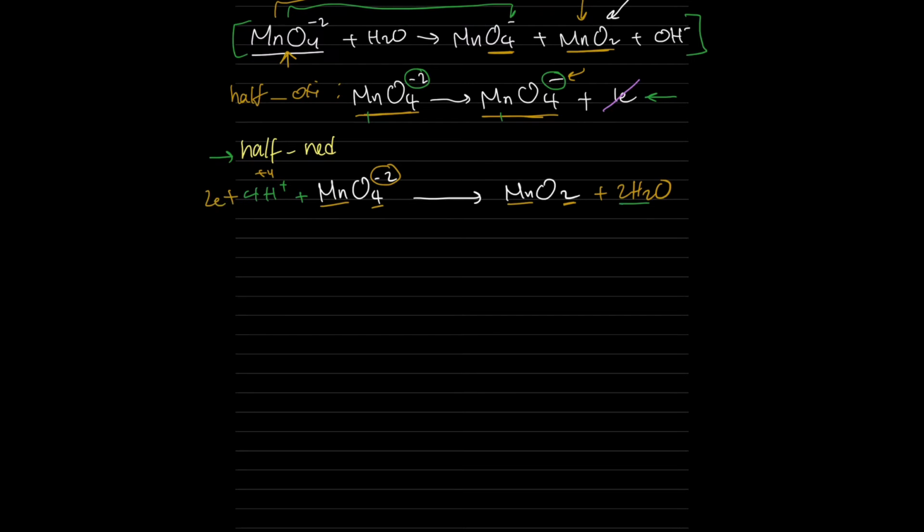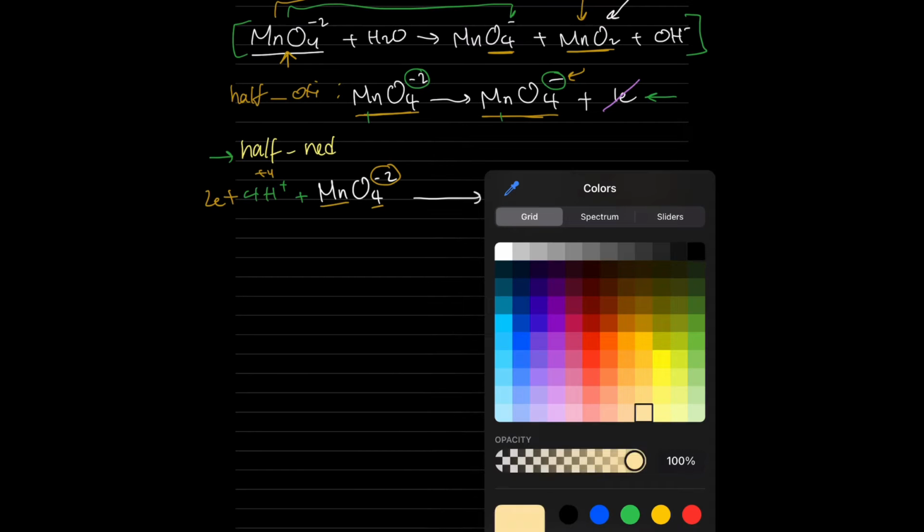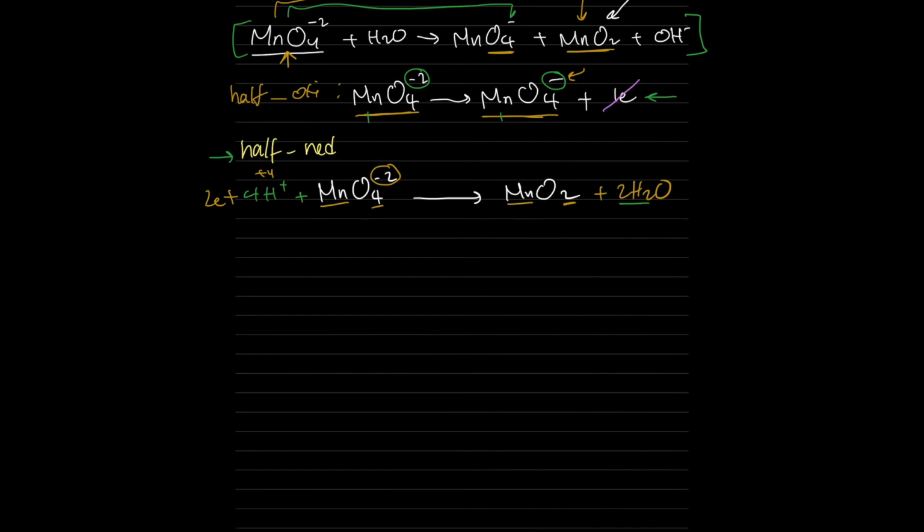2 electrons. And now, if you want to make balancing, you have 2 halves, half oxidation and half reduction, and now your rule is to make them equal. Okay, so in this case, I can multiply the first equation here by 2, and as a result of multiplying by 2, we will have the same number of electrons lost or gained.